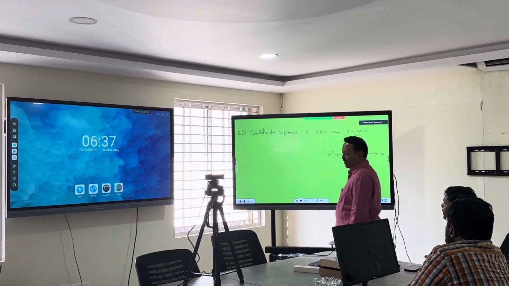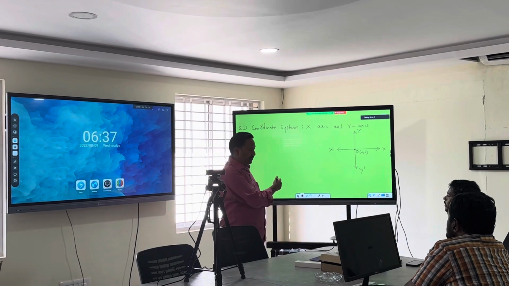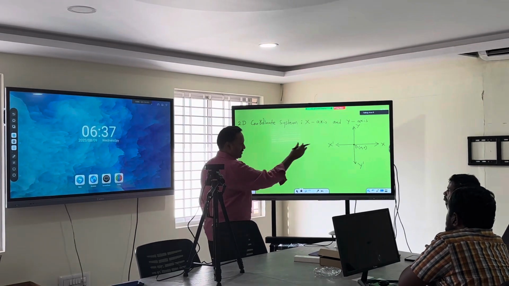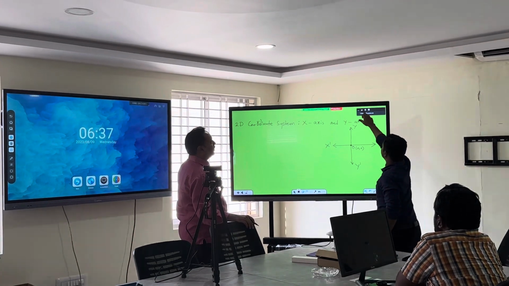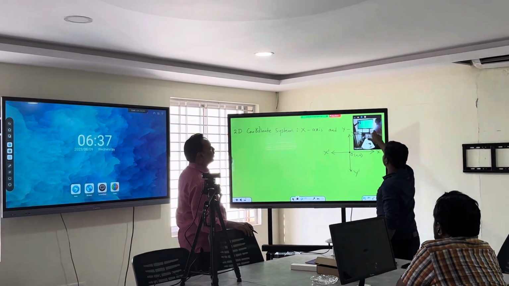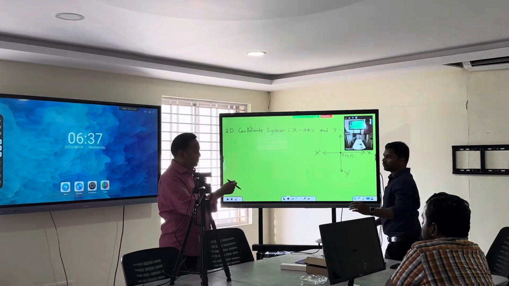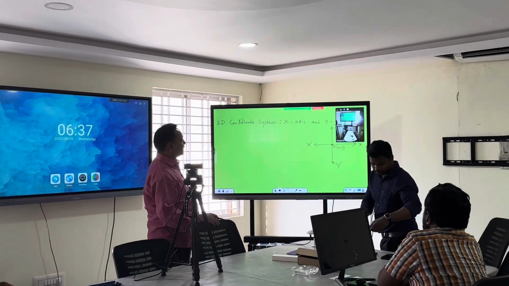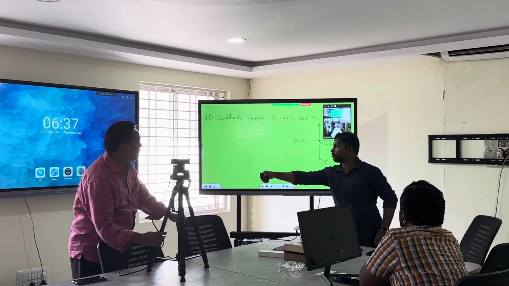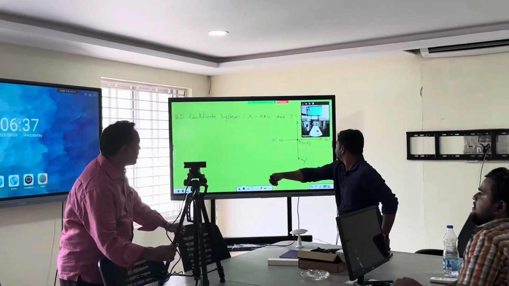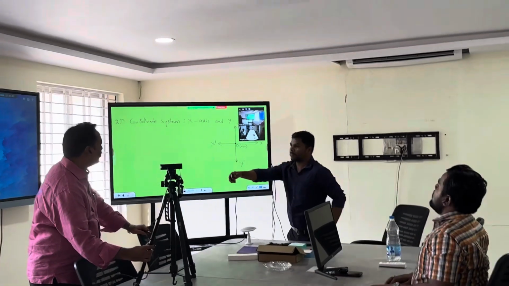What is the camera spread we can see? Camera spread, like how much it is covering. That much. Can you zoom in? Zoom out.